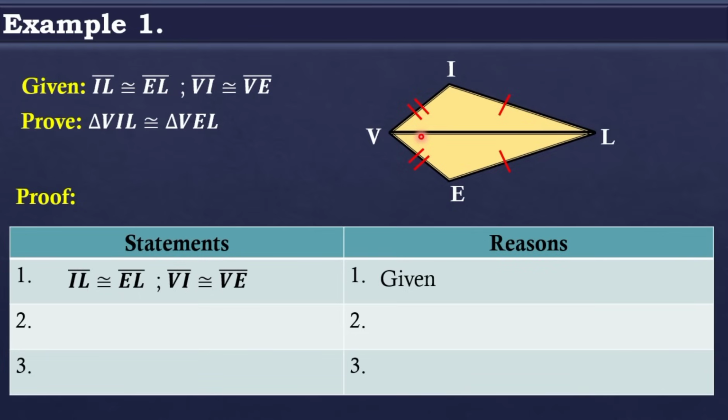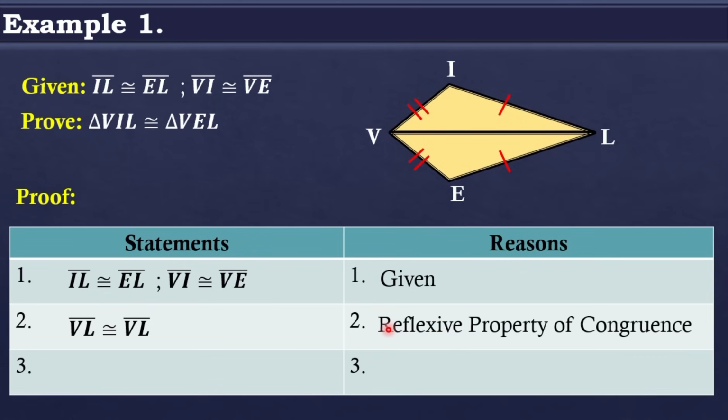And then next, so we have already two sides of two triangles that are congruent. Now, since nagsishare sila ng common side, okay, so titingnan nyo yung figure. Since nagsishare sila ng common side, therefore, segment VL is congruent to segment VL. And the reason is reflexive property of congruence.